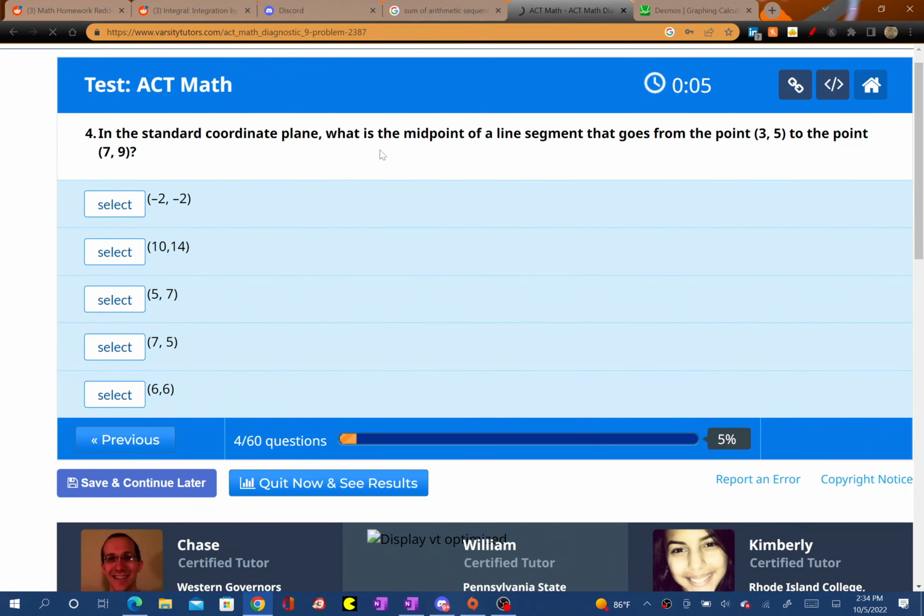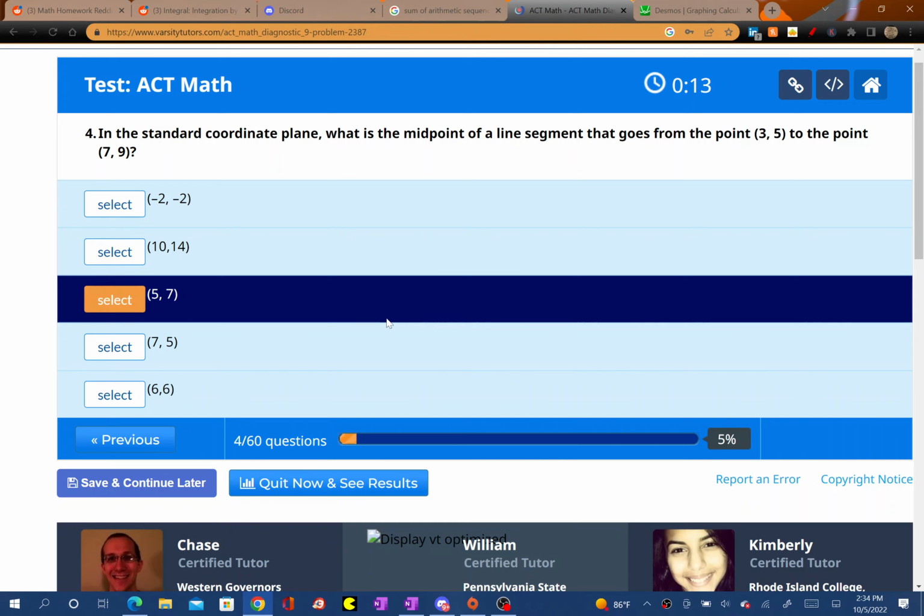In the standard coordinate plane, what is the midpoint of a line segment that goes from the point 3,5 to the point 7,9?